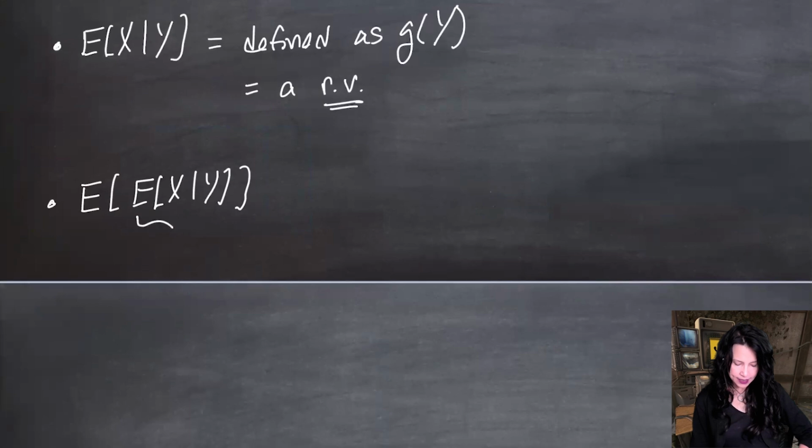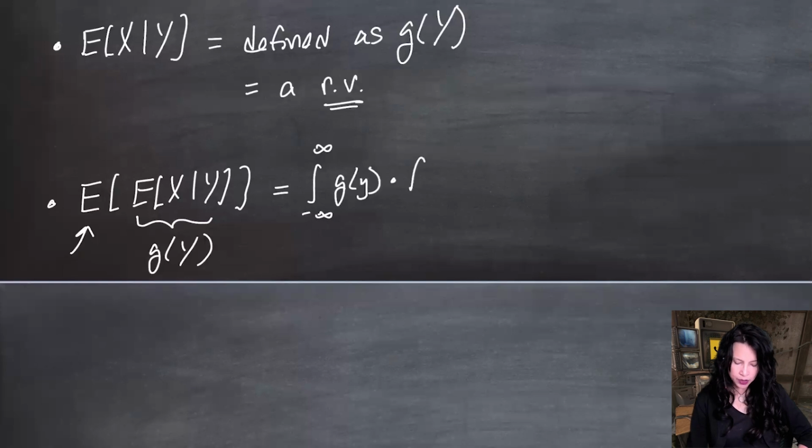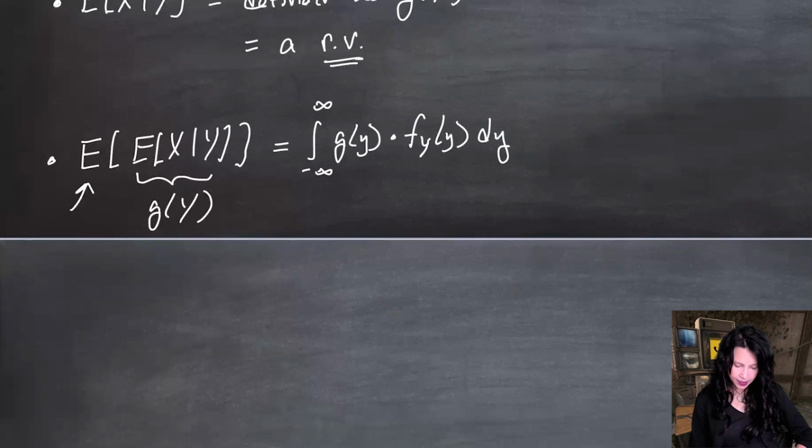This is like a g of capital Y. So this outer expectation is with respect to the distribution for y. So this is going to be the integral over some region that might be cut off, g of lowercase y times the PDF for y. But what is g of lowercase y?